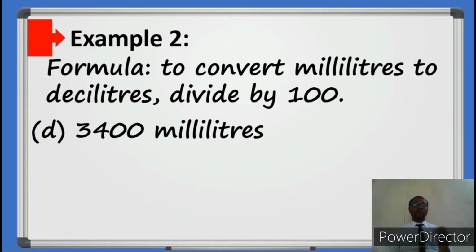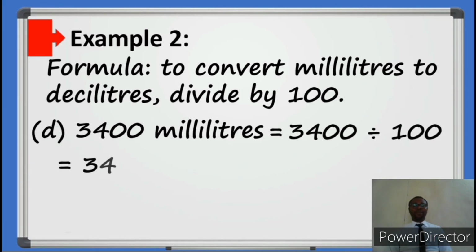So first we convert to deciliters, and then finally to liters. Let's convert 3,400 milliliters to deciliters. We divide 3,400 by 100, and our answer is 34. So we have 34 deciliters.